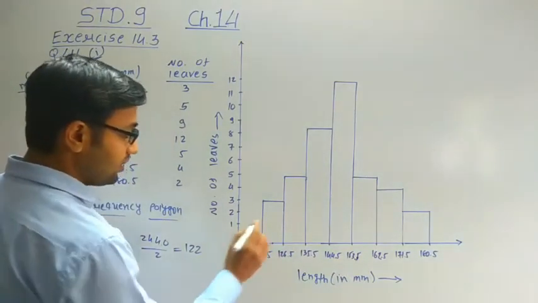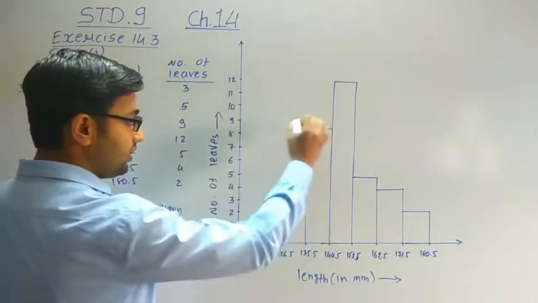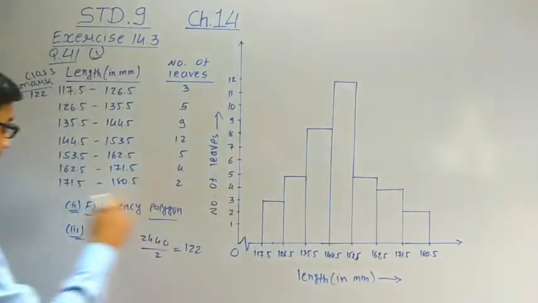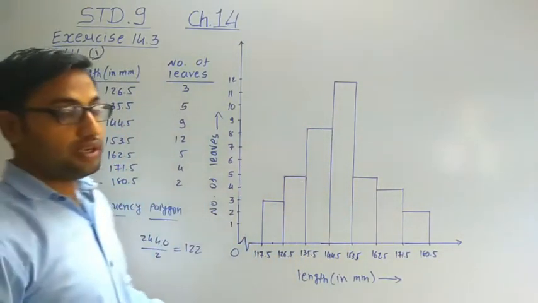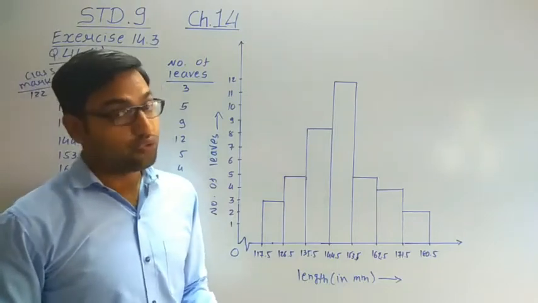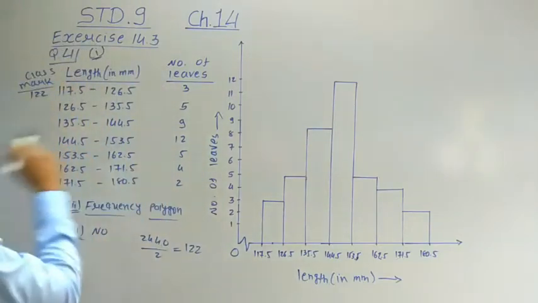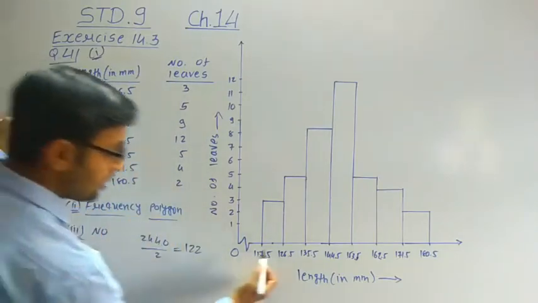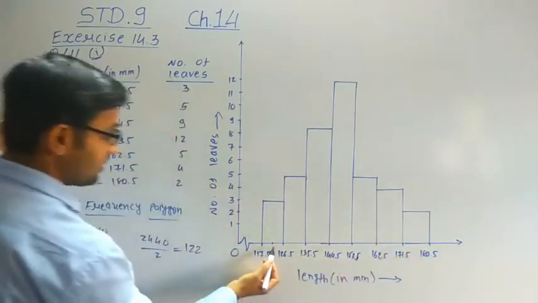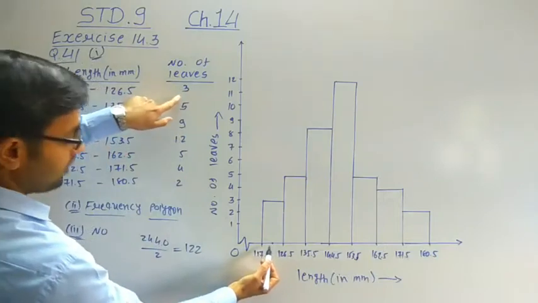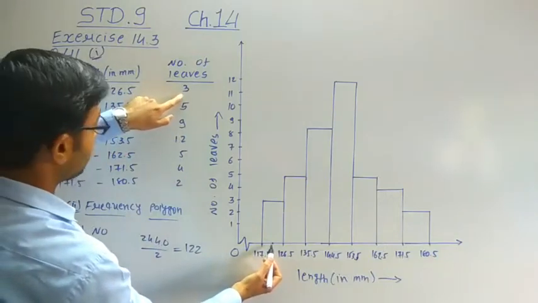Now, in the histogram, we draw rectangles. But in a frequency polygon, we do not need to draw the rectangles. So what do we have to do? Here, the first value we get is 122. So we consider this value on the horizontal axis, that is 122, and on the vertical axis we take the 3.